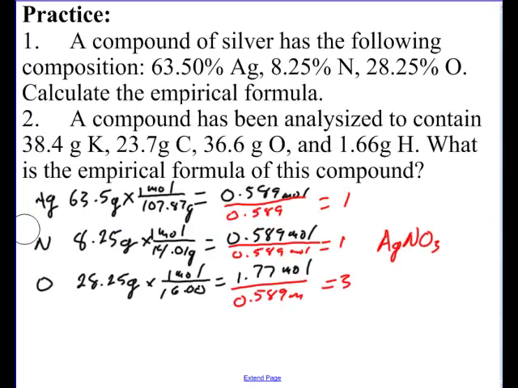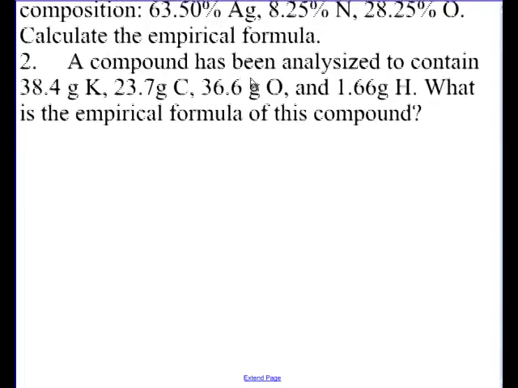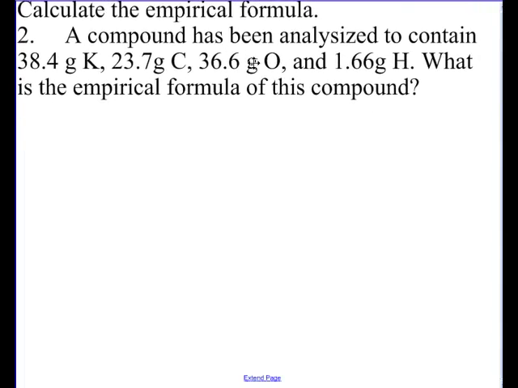So I'm going to do this second question here. All right, we've got a compound, and this compound has 4 elements. I'm going to move this up a little bit so I can have some more room. So for potassium, I've got 38.4 grams. Now notice they gave us grams here. Does that bother us at all? No, we just don't do the first step.